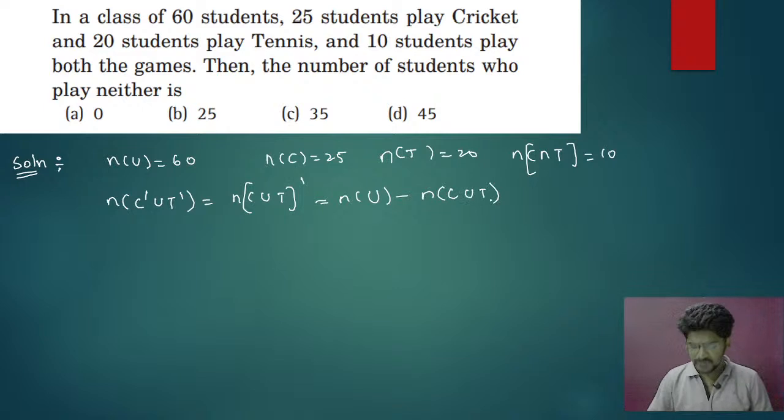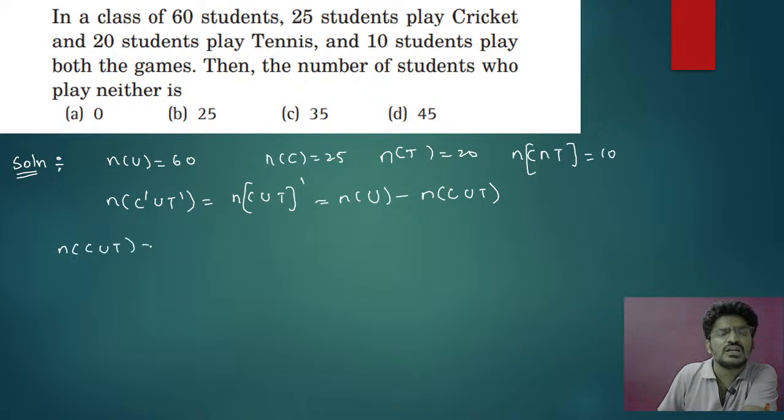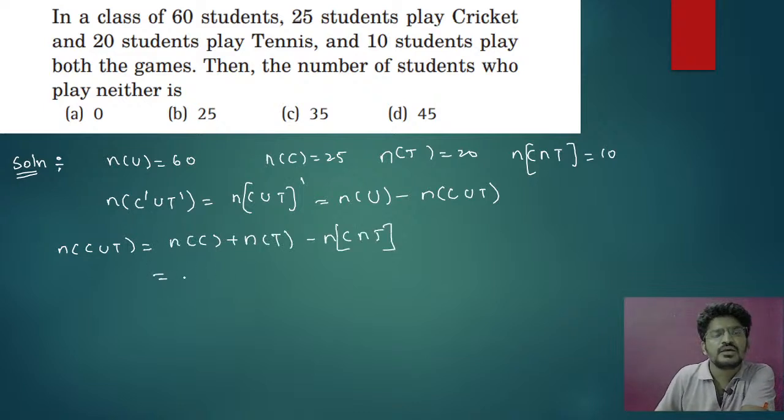That means here first we have to calculate N of C union T. So therefore N of C union T is equal to N of C plus N of T minus N of C intersection T. Okay.